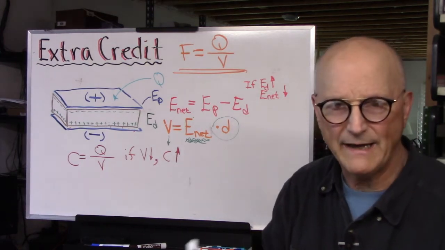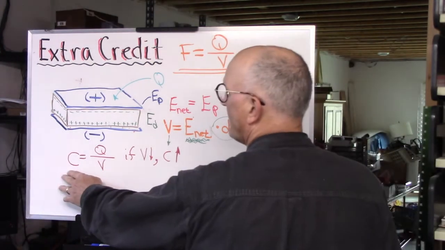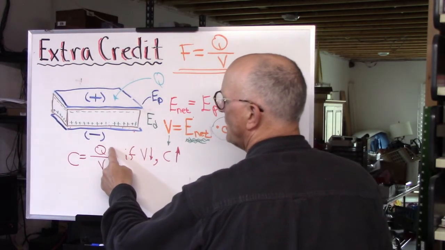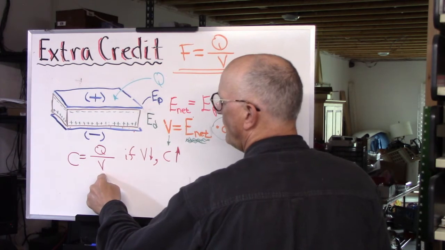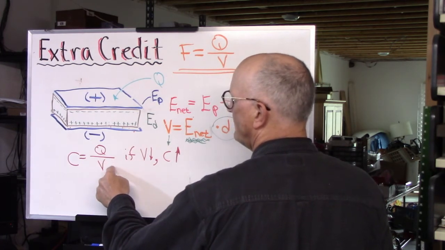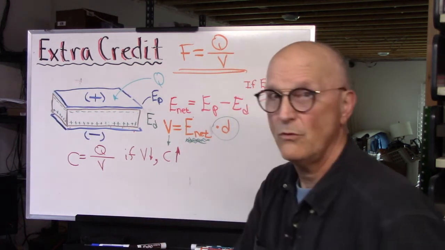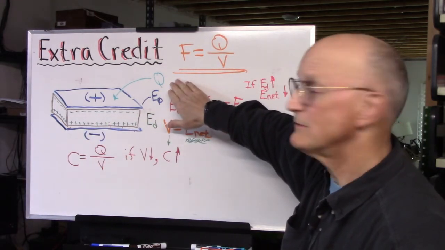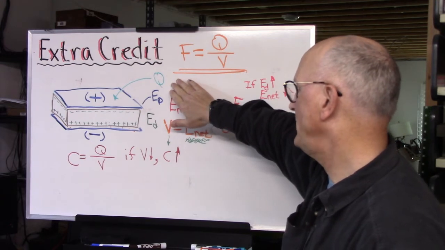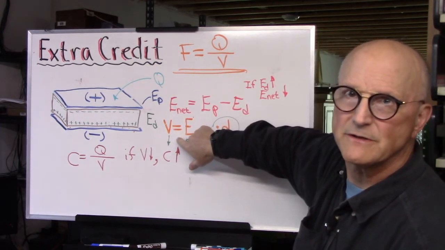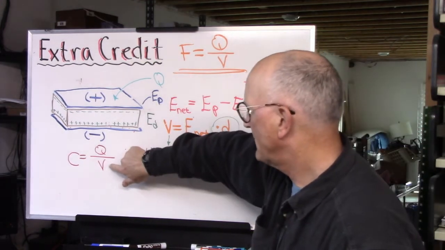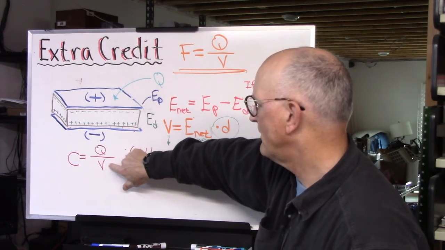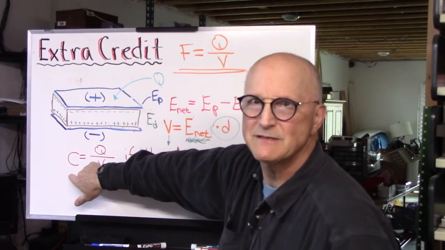Now, going back to the definition of our capacitance, capacitance is equal to charge per volts, coulombs per volts. Now, we're assuming charge has not changed. What has changed? The potential difference has gone down. And because it's on the bottom of this, if this gets smaller, then that one gets bigger.